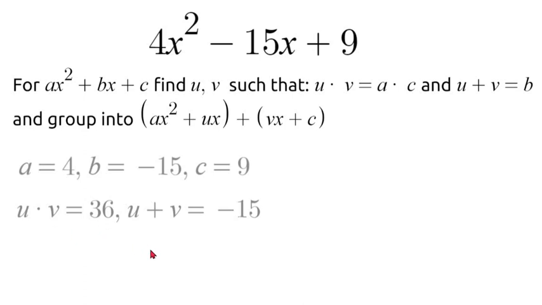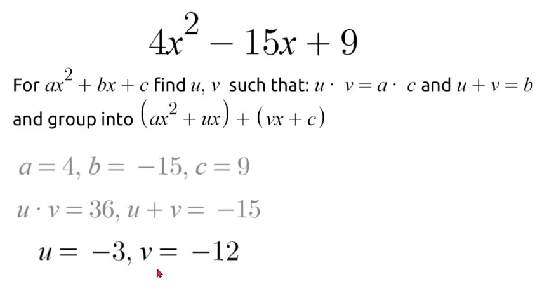So in this case, our values are going to be negative 3 and negative 12. Negative 3 plus negative 12 is negative 15, and negative 3 times negative 12 will be a positive 36.